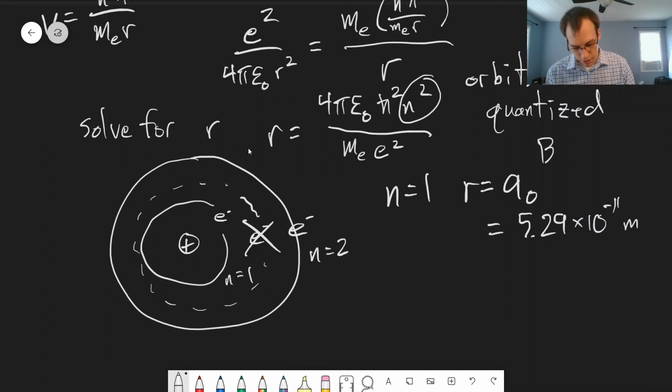And this is still known as the Bohr radius. So in this imaginary model that isn't correct, this is where an electron would be orbiting the nucleus if it was in fact orbiting. This is not correct, this is just as a reminder. But this is still getting at these ideas of quantization of angular momentum and distances from the nucleus.